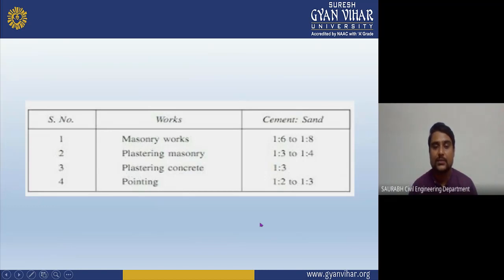And next one is plastering masonry, which is used for the work of plastering of interior wall or outer wall. So here we have to take one part of cement and three parts of sand to one part of cement to four parts of sand.